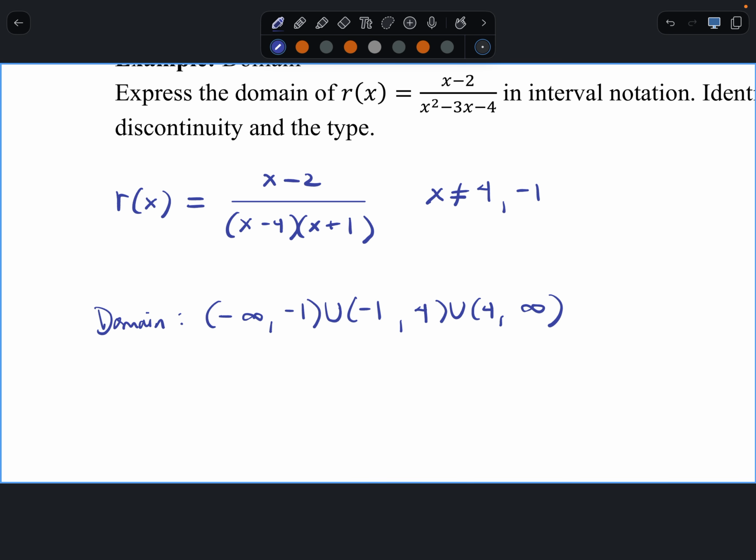And the way that we know that is because if we were to plug in 4 or negative 1, do you see how we would get a non-zero real number in the numerator? If we plug in 4, we'd get 2, but we would get 0 in the denominator. That is an indicator that there's going to be a vertical asymptote.